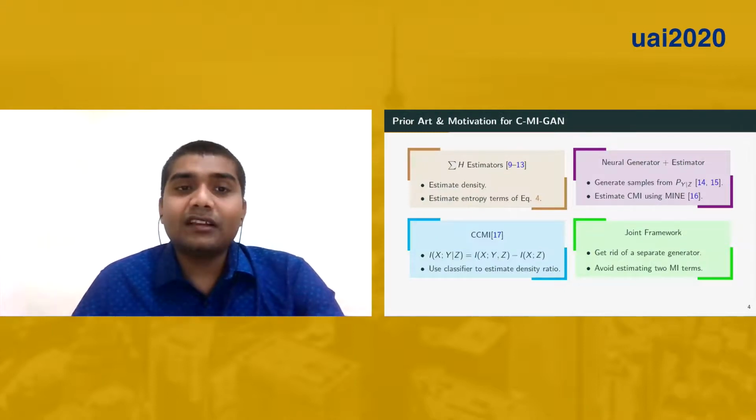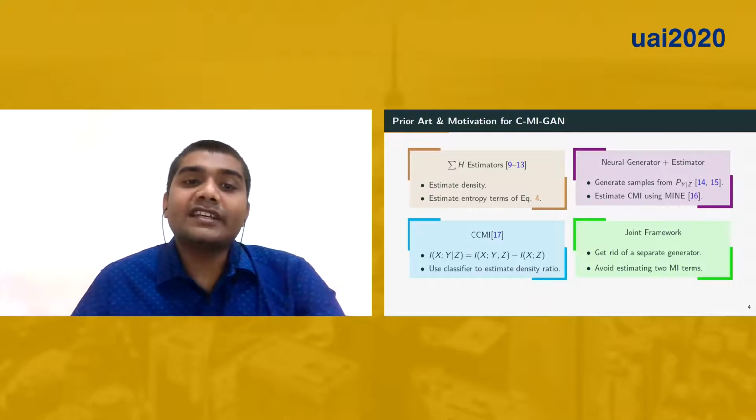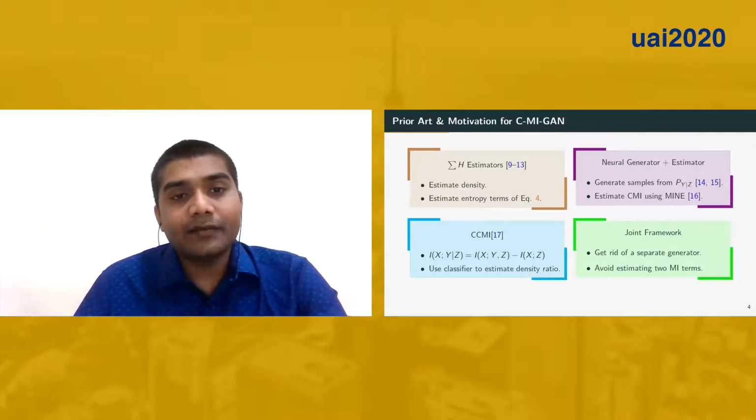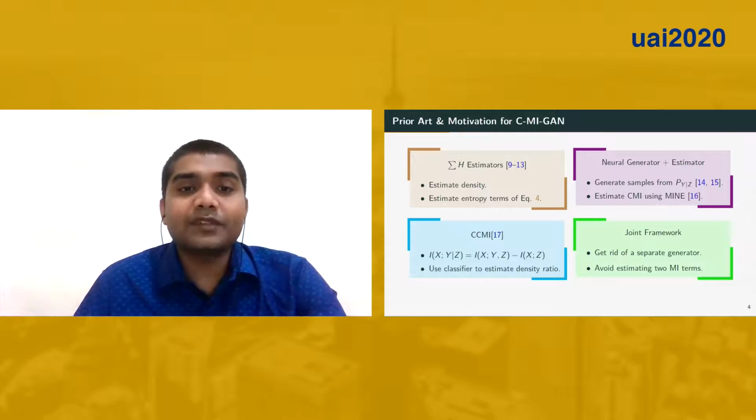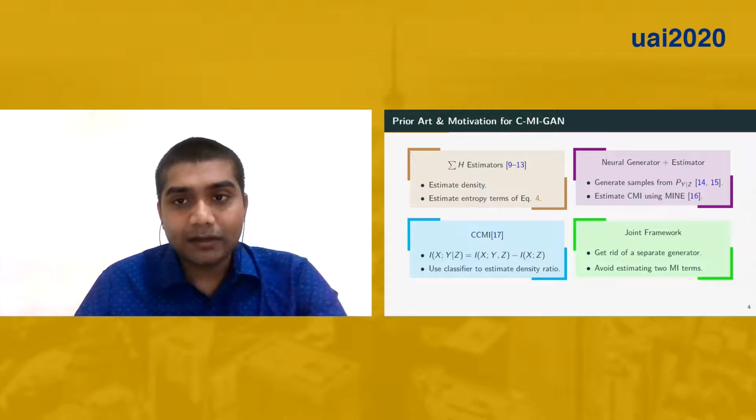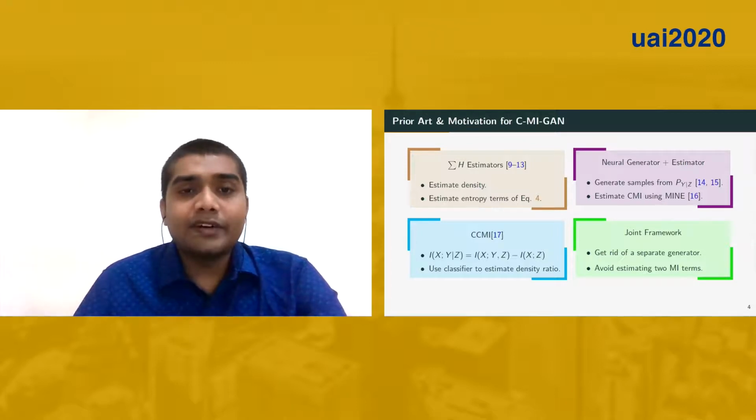The traditional methods of estimating CMI first estimate the density using kernel density estimator or k nearest neighbor estimator. Next, they estimate different entropy terms and plug into the entropy based definition of CMI. However, these methods suffer from curse of dimensionality.